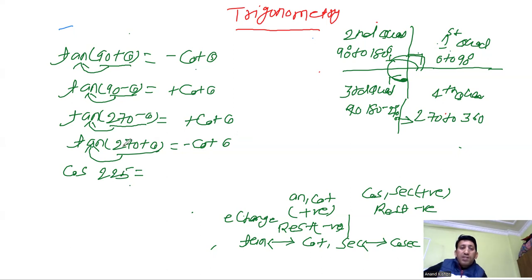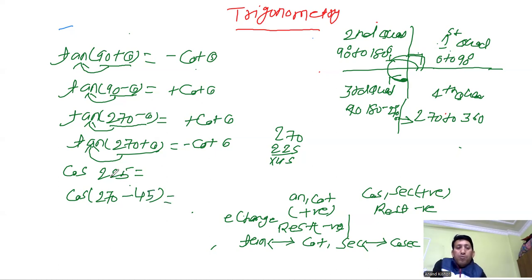How can we write 225 in terms of 270 plus theta or 270 minus theta? Just subtract 225 from 270, which is 45. We can write it easily: 270 minus 45 is 225.